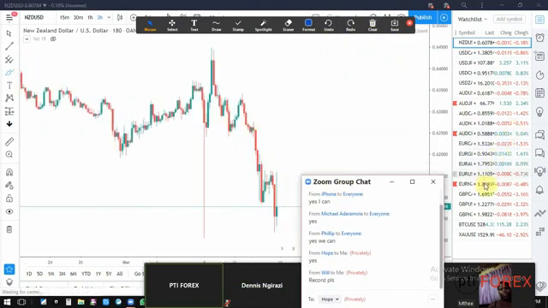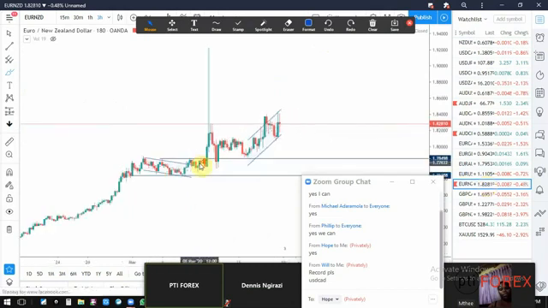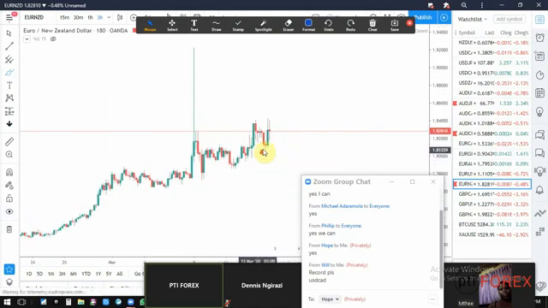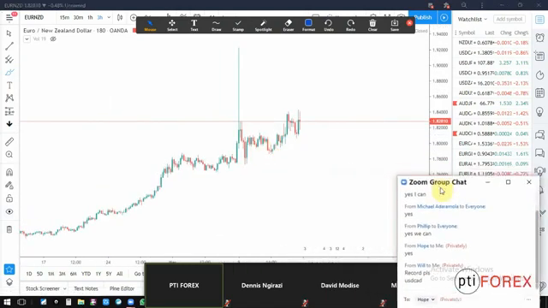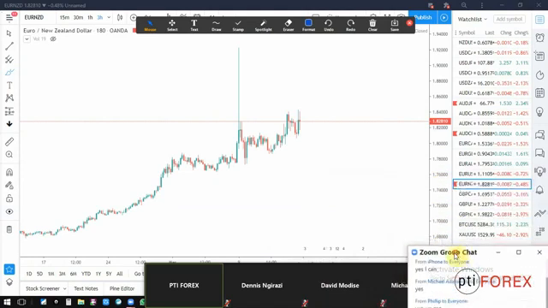Okay, there is nothing much happening here. Okay, this is quite an interesting one. Let us just look deeper into this one. Let me clear everything. We are just going to go to USD CAD after this one.